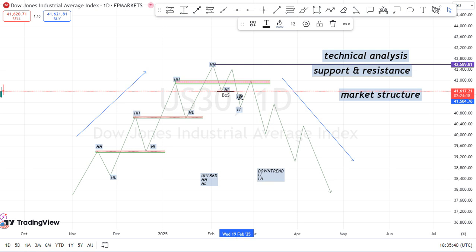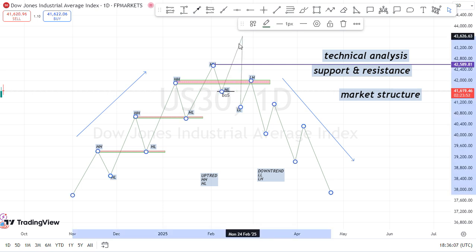So what confirmed the change of trend? We failed to create a new high. Instead of us creating something like this, which was supposed to be a high, we created a new lower high. You get it? We created a new lower high. So we are selling now. So now we are going to have just lower highs and lower lows.